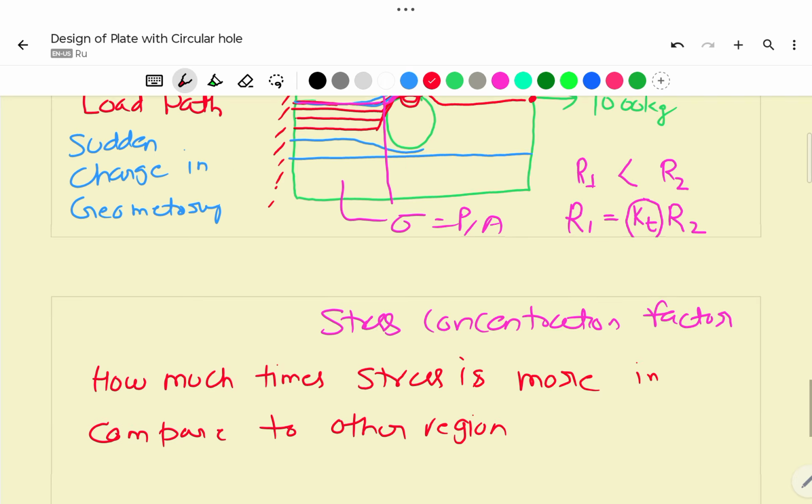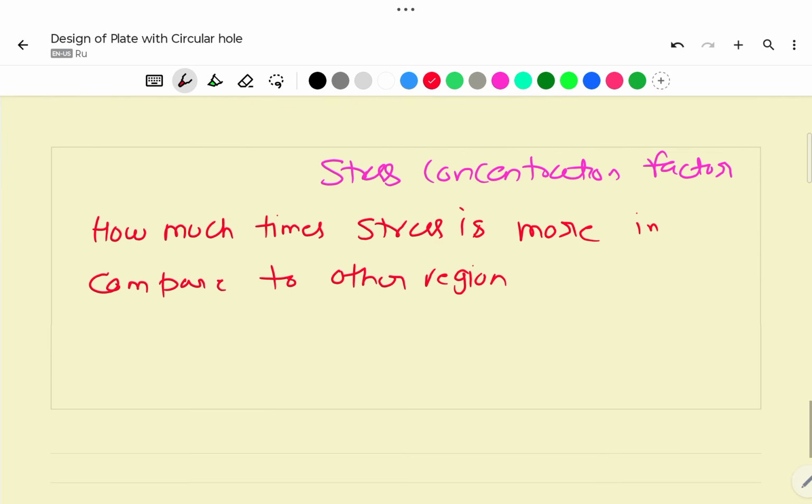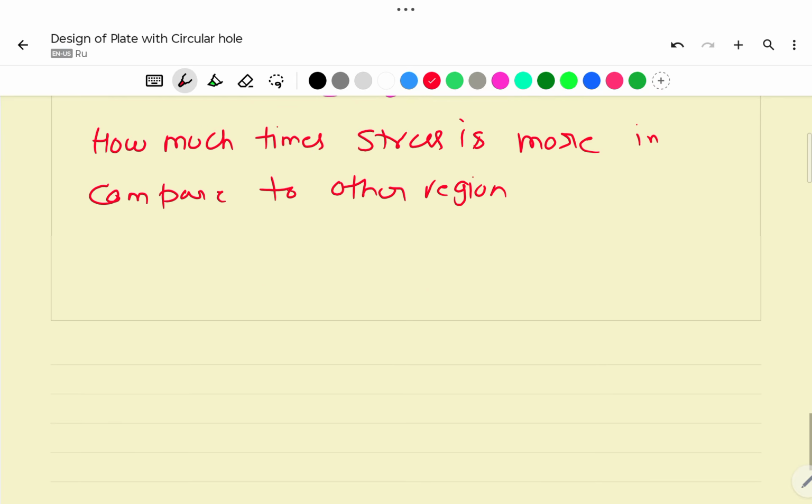At the circular hole the stress is more, so the chances of failure are higher here.